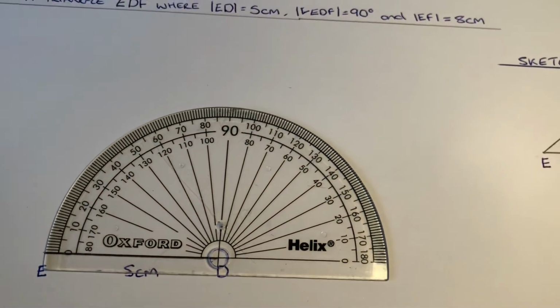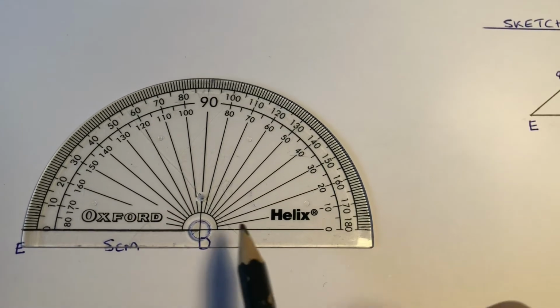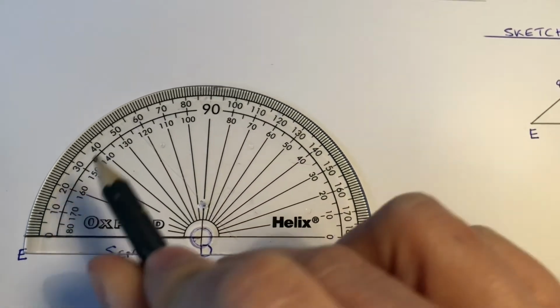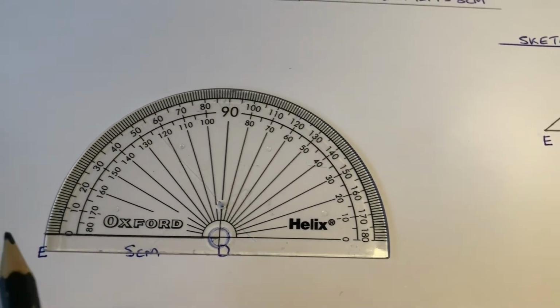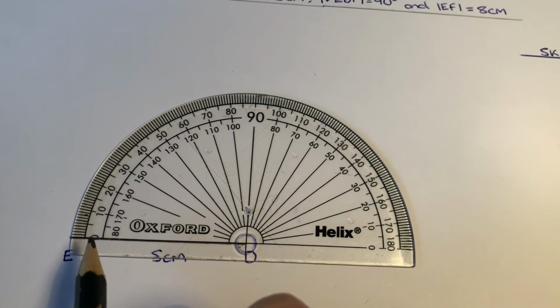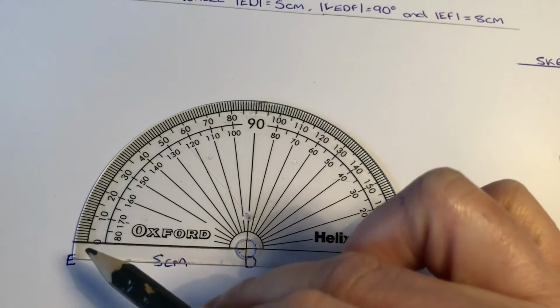I'm now going to see which scale I'm going to use. This 0 has no baseline passing through it, so I'm not going to be using the inner scale. You can see that this 0 does have the baseline of my triangle passing through it, so this is the scale that I'm going to be using, the outside scale.